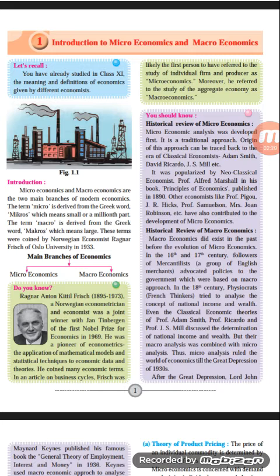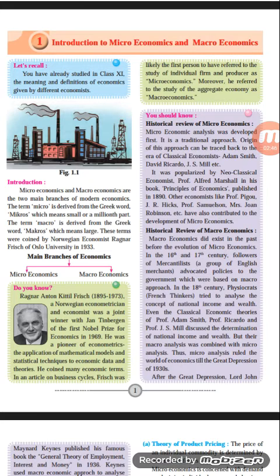The term micro is derived from the Greek word mikros, M-I-K-R-O-S, which means small or a millionth part. The term macro is derived from the Greek word makros, M-A-K-R-O-S, which means the largest part. The terms were coined by Norwegian economist Ragnar Frisch in the year 1933.